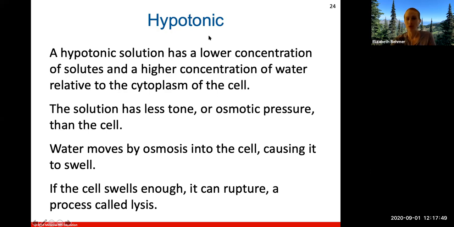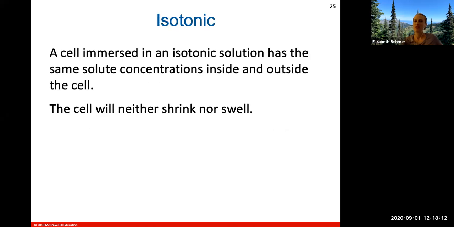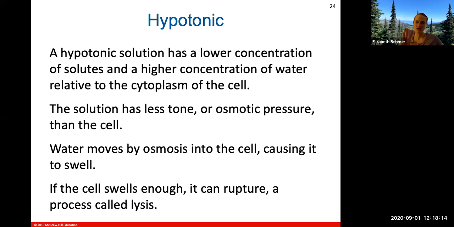A hypotonic solution has a lower concentration of solutes and it has more water in it. And that's relative to the inside, the cytoplasm of the cell. The solution has less tone or osmotic pressure than the cell, and water will always move by osmosis into the cell, causing it to swell. I'm going to show you a picture after we get through these three definitions.